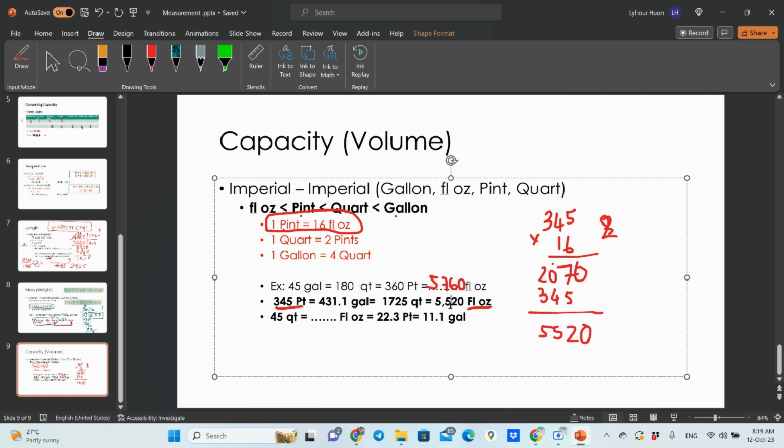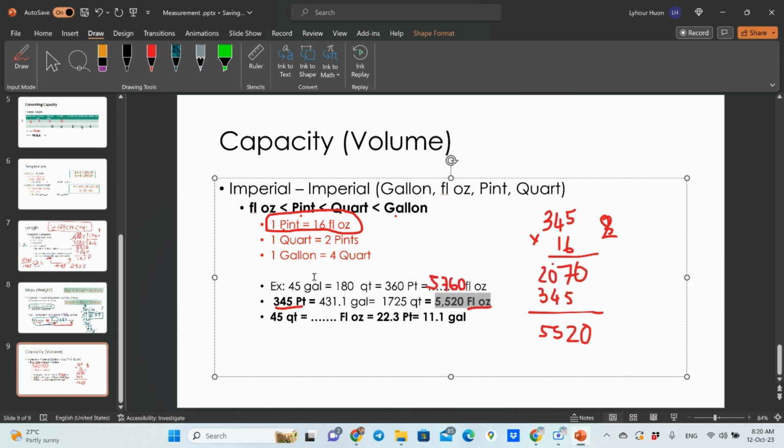To convert fluid ounce to quarts, actually we have quarts to gallons. Just a moment ago, we converted from pints to fluid ounce. So this is a reference.